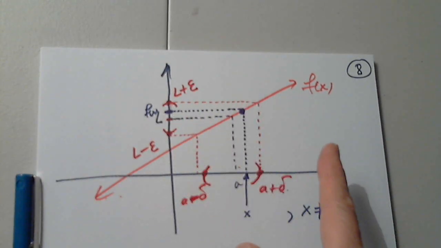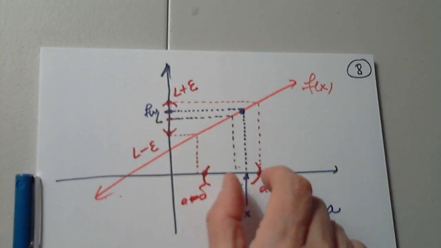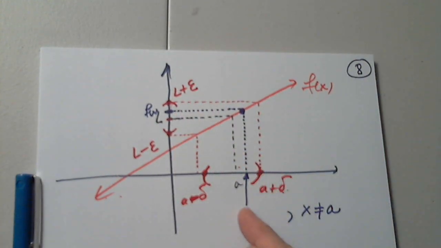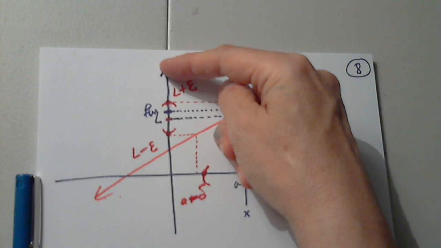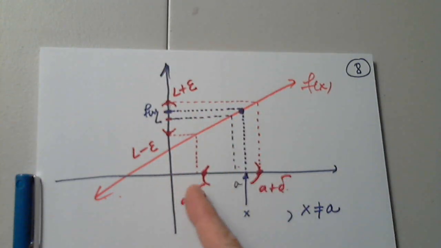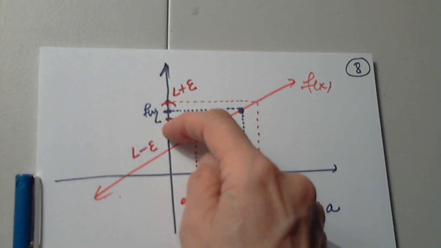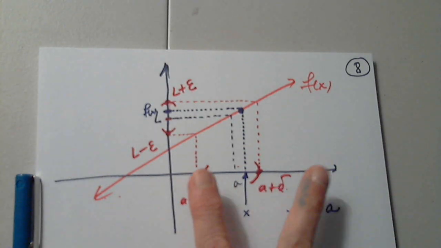This will always happen. For every epsilon, I'll find the corresponding delta such that when I pick X here, or maybe here, or maybe here, not here. Because see, it's outside. If I pick here, it's outside of the interval. So I have to make sure that I choose the smallest delta, not the bigger delta.